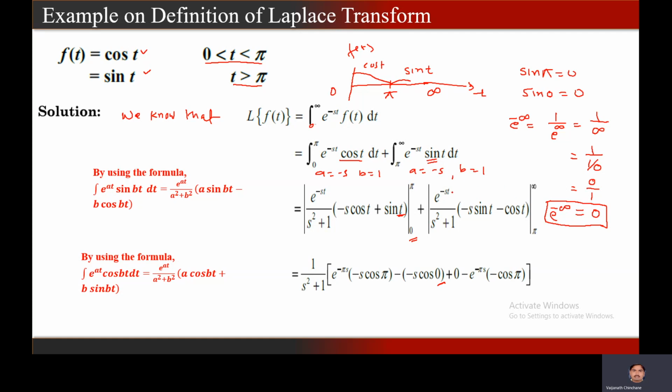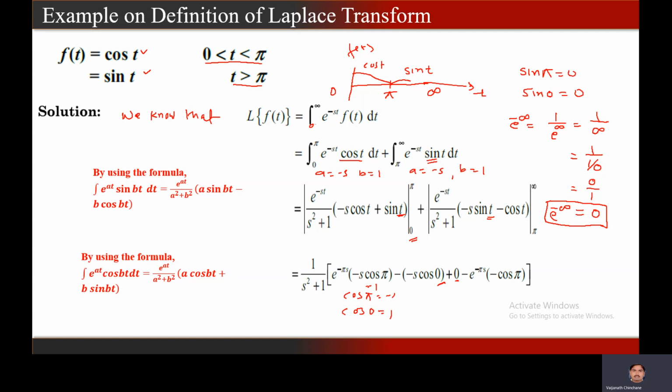So when we put the upper limit, e raised to minus infinity is 0. 0 into something is 0, so we get 0. Minus, when we put the lower limit, e raised to minus pi s, cos pi, is 0 into minus s 0 minus cos pi. And remember cos pi is minus 1, and cos 0 has value 1.